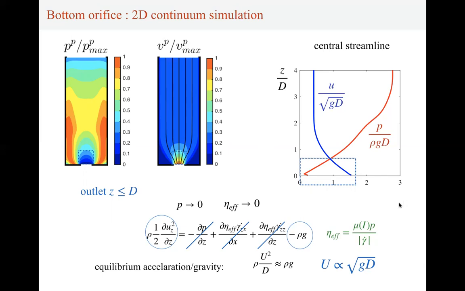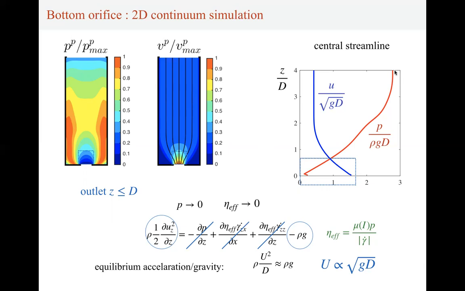Everything is normalized using the size of the orifice. You can see that the velocity is constant. So we have a dense granular flow with a constant velocity in the upper zone. And close to the orifice, the velocity increases. We have an accelerating zone, which scales typically with D.